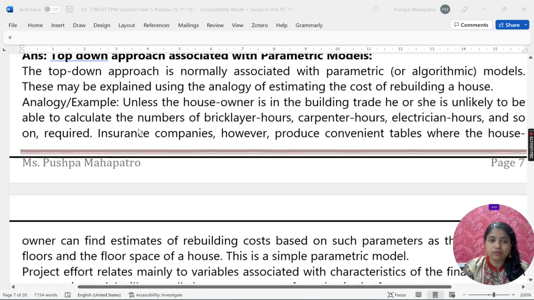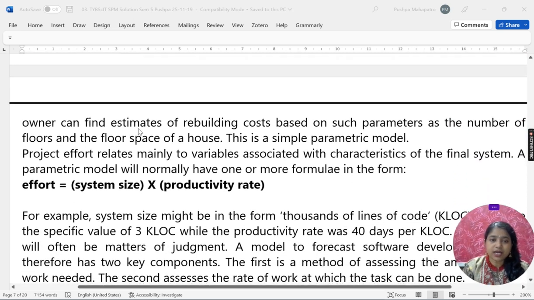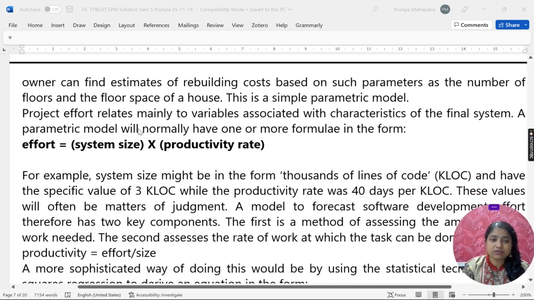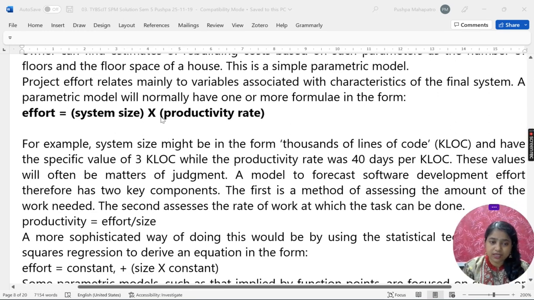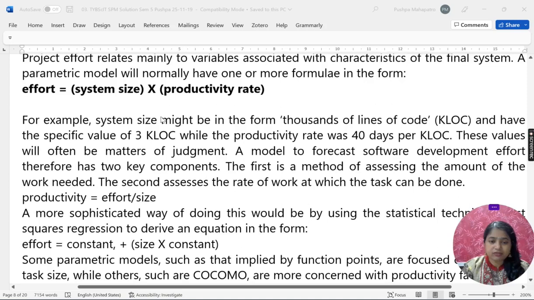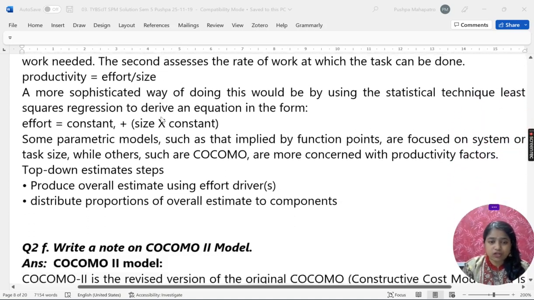That's why it's called top down approach. So here we are using effort equals system size into productivity. So we try to estimate the size of the entire product, then we divide it into modules, and then we try to find out the size of each module.